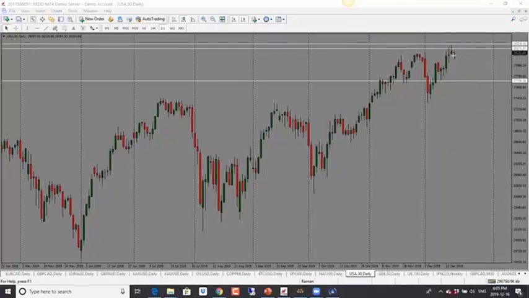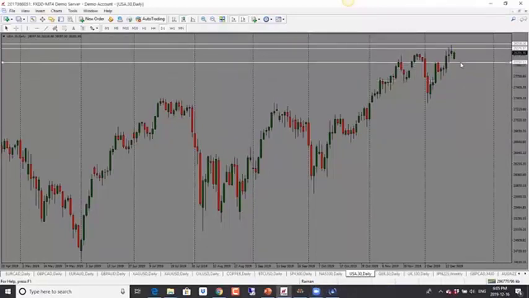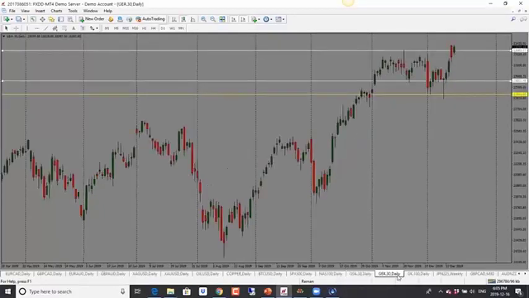Now, should it go through here, then it could continue up. But for now, I'm neutral on this, because if it stays below 28,280, I will look for that drop back towards 28,000 and then potentially into 27,780. So for now, neutral bias for Dow Jones.